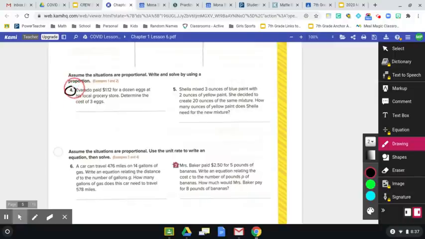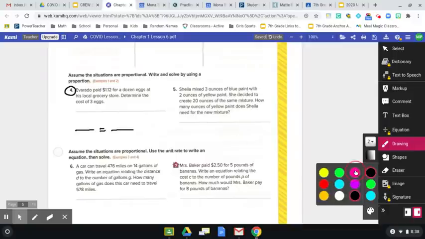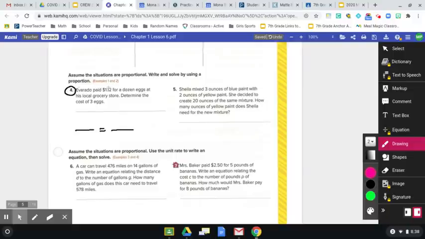We're going to set a proportion up. So I'm going to use this workspace here. I'm going to draw my fraction lines. And let's read the story. Everardo paid $1.12 for a dozen eggs at his local grocery store. And I'm going to circle that. $1.12 for a dozen eggs.